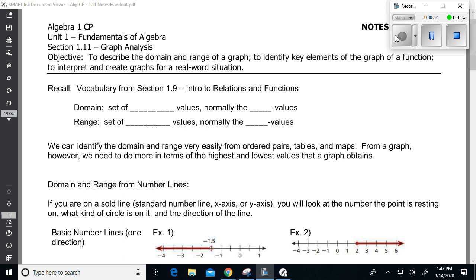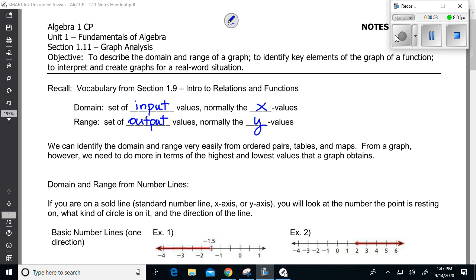So to start, let's remind ourselves a little bit about domain and range. Remember from last week, domain is the input values, which are x values. Range is the set of output values, which are the y.